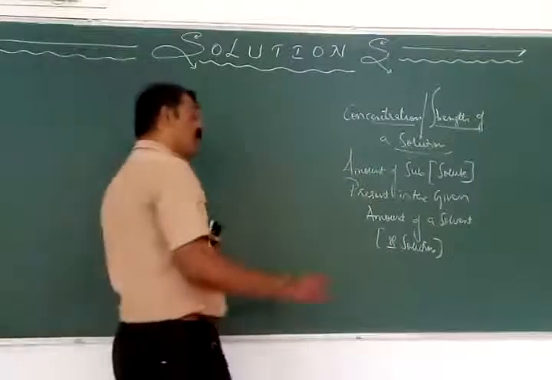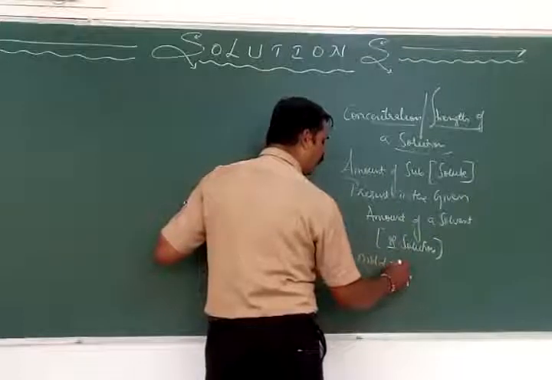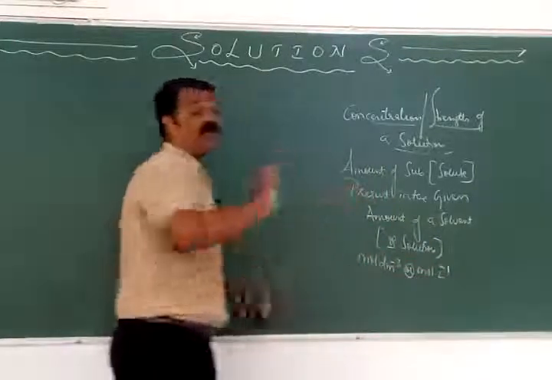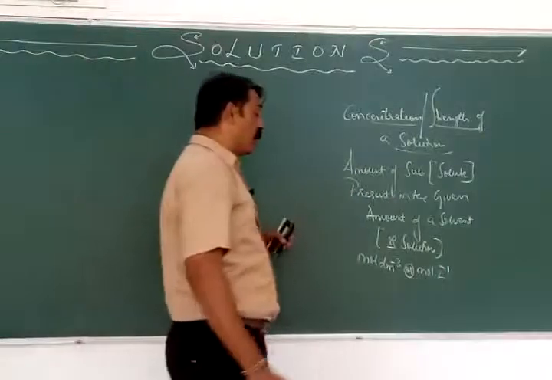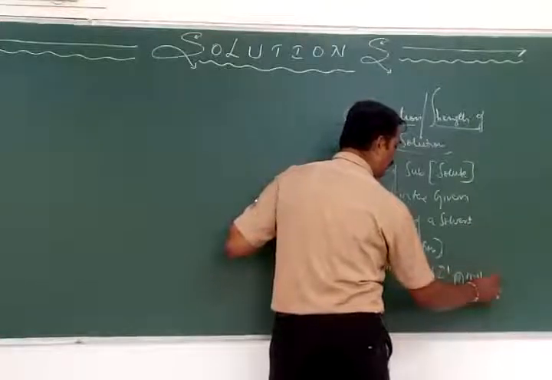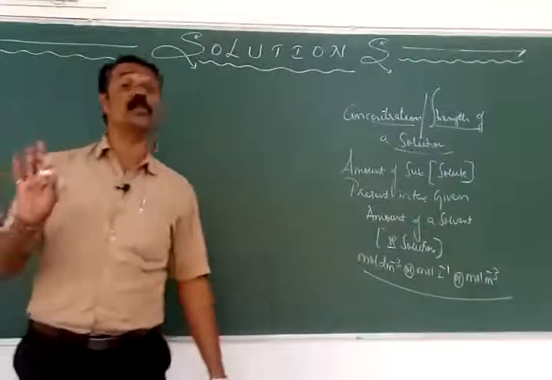Usually the concentration is expressed in terms of mole per dm cube or mole per liter. It is with respect to molarity actually, but if I prefer the SI unit, it becomes mole per meter cube. That's only the general concept.